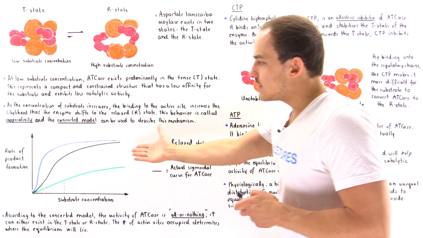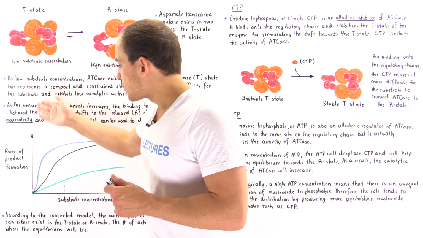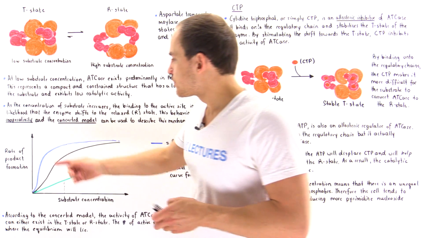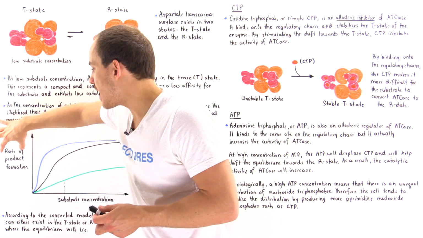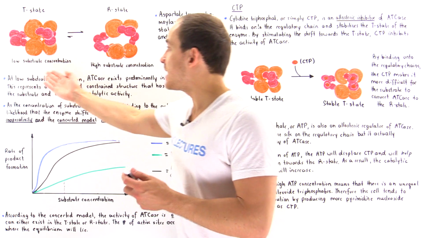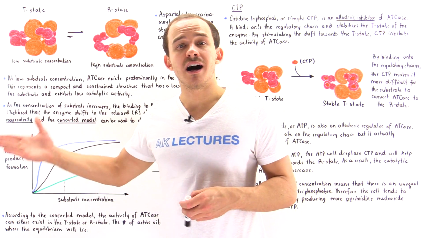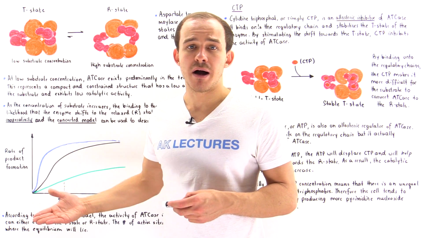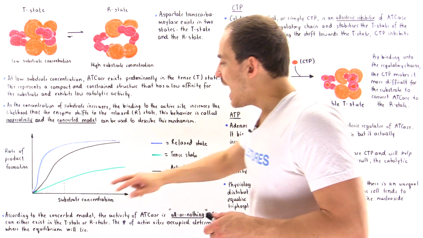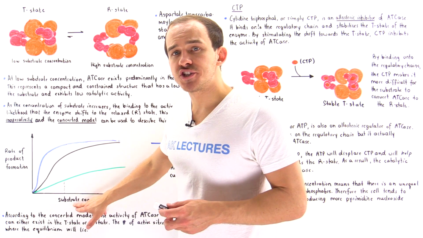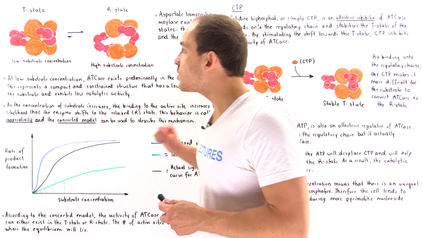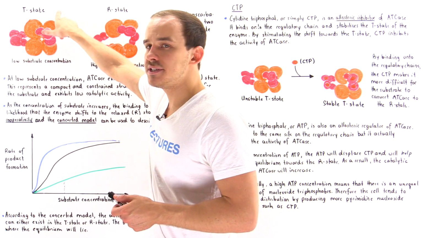Now, if we take a look at the following diagram, we have three different curves. So the y-axis is the rate of product formation for this enzyme-catalyzed reaction, and the x-axis is the concentration of that substrate molecule. Now, at low concentration of the substrate molecule, we're going to exist predominantly in the T state.